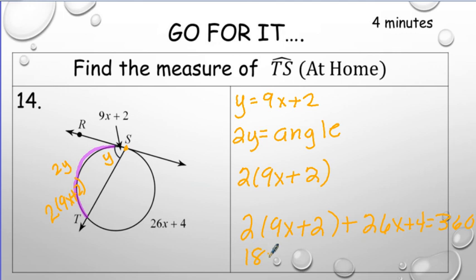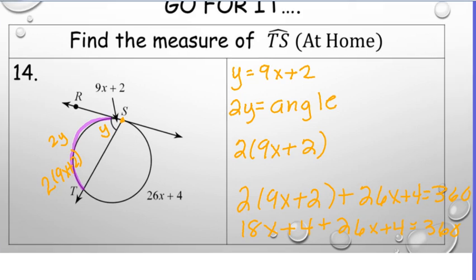So I get 18x plus 4 plus 26x plus 4 equals 360. So I am going to draw my line down the middle and solve the equation. So 18x plus 26x will be 44x.